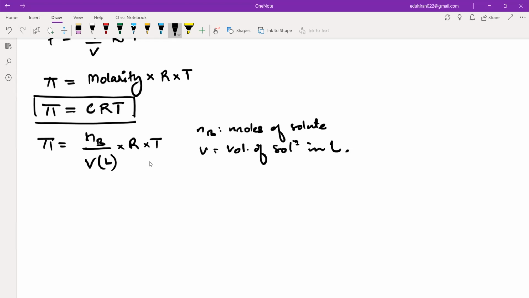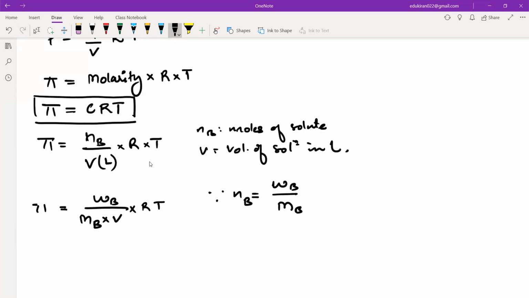After this you can do some more arrangements. I'm not a very big fan of it, but nB is equal to given mass upon molar mass of B, so you can arrange this as WB upon MB into volume into RT.